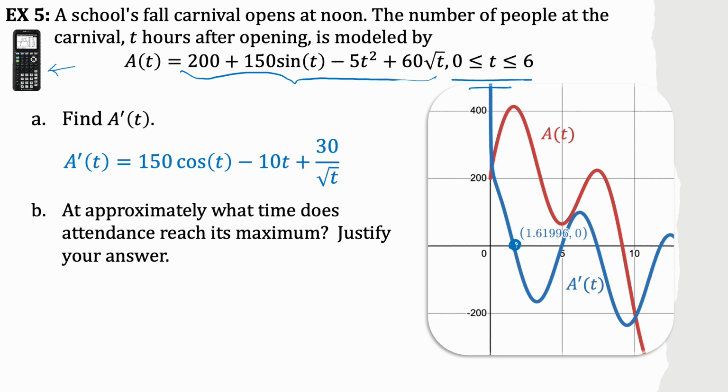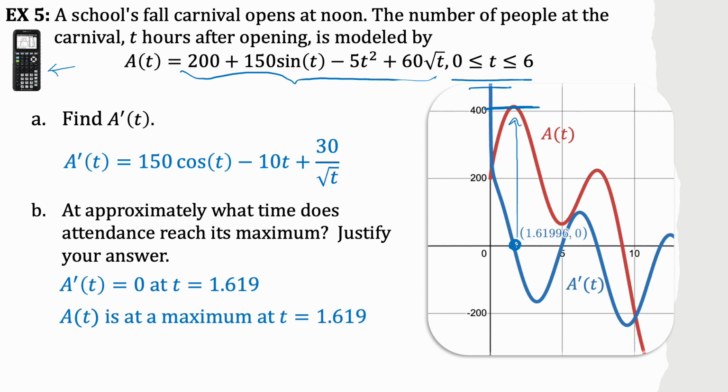That's where A prime of T equals 0, a slope of 0. As we go up, you can see that it corresponds with the slope of 0 on the parent function. A prime of T equals 0 at 1.619, so A of T is at a maximum at T equals 1.619.